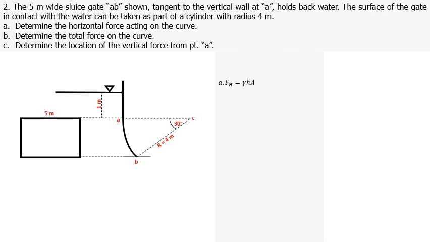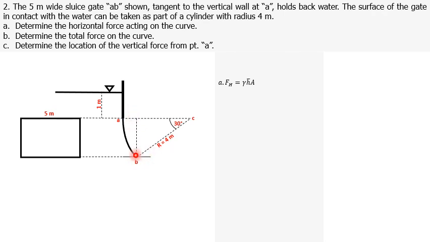Which is a rectangle with a width of 5 meters, based from the given 5-meter width. And we determine its height by solving for this vertical distance. We can solve for this vertical distance by considering this right triangle.